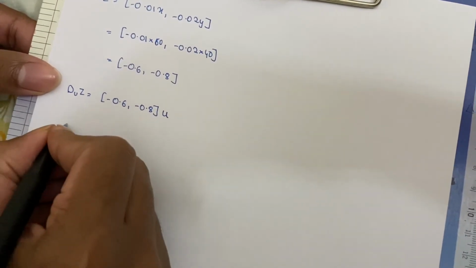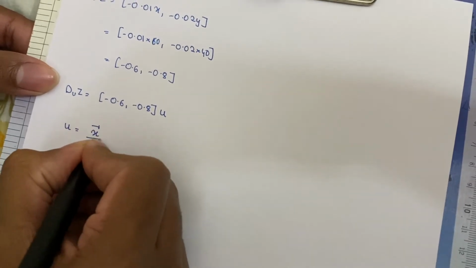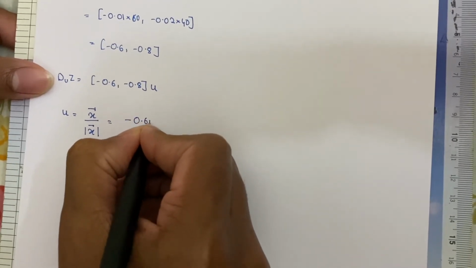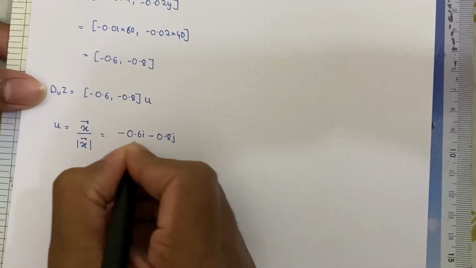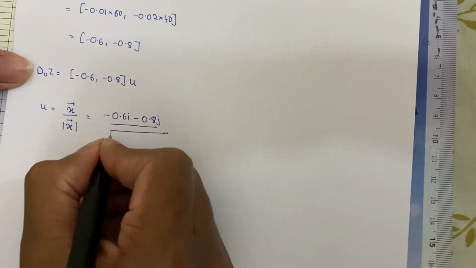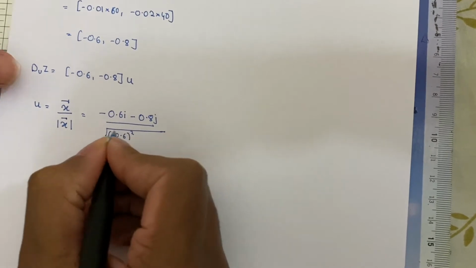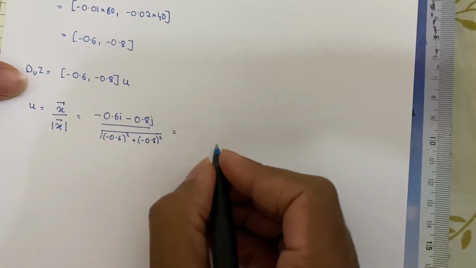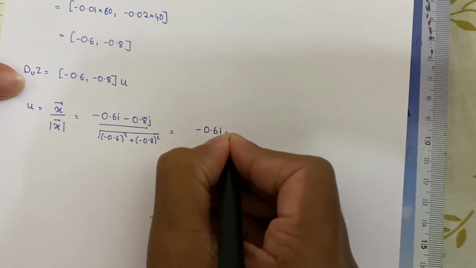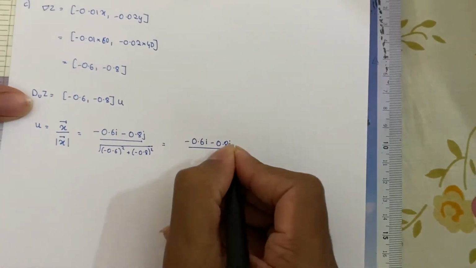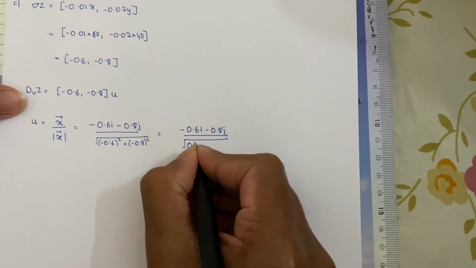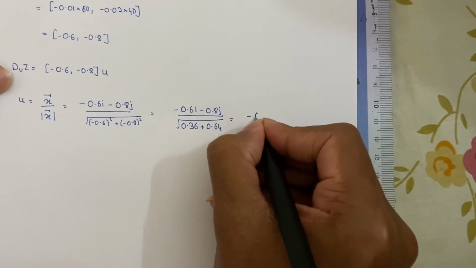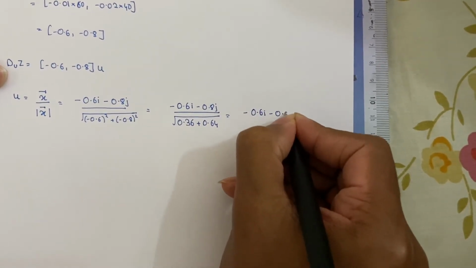Now let's find the value of u. u is x by modulus of x, which is minus 0.6i minus 0.8j by root of minus 0.6 whole square plus minus 0.8 whole square, which is minus 0.6i minus 0.8j by root of 0.36 plus 0.64, which brings it to minus 0.6i minus 0.8j by 1.